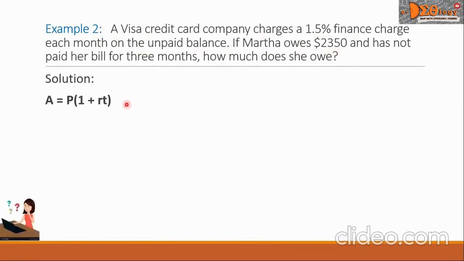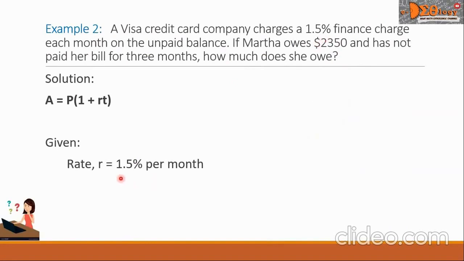First, let us write our formula for total amount, and then let us write our given. First is the rate denoted by R, and that is 1.5% per month.